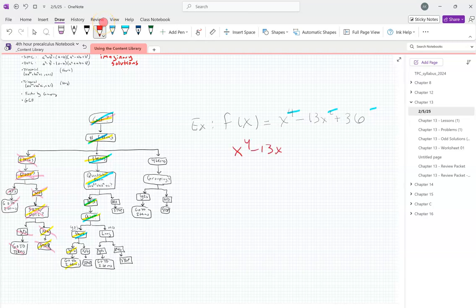So I need 2 things that multiply to give me positive 36 and then add to give me negative 13.